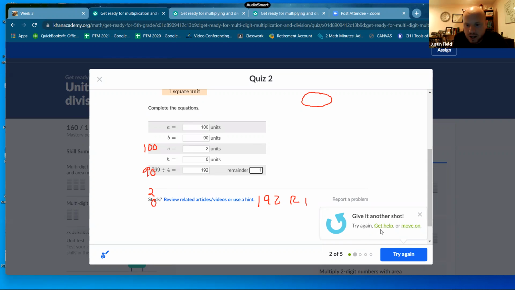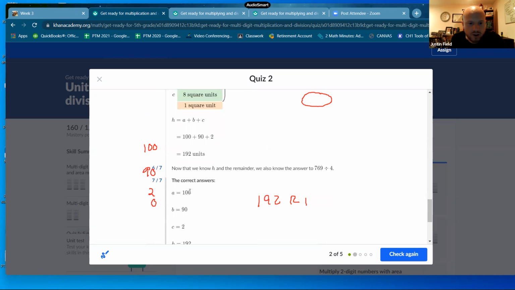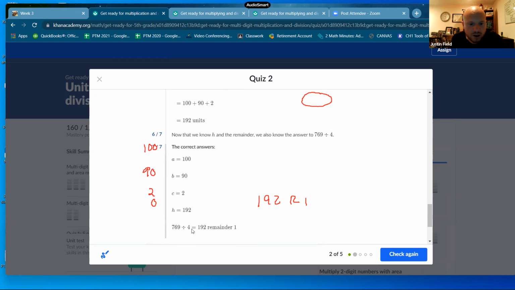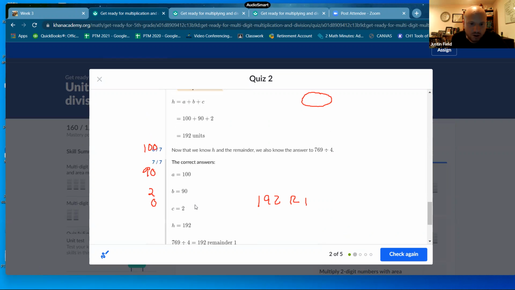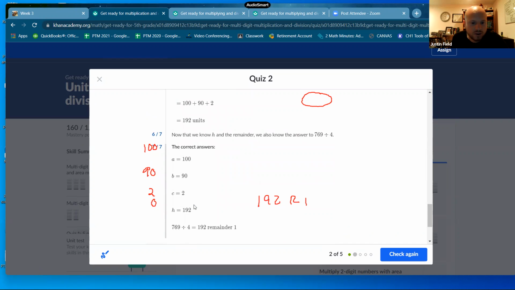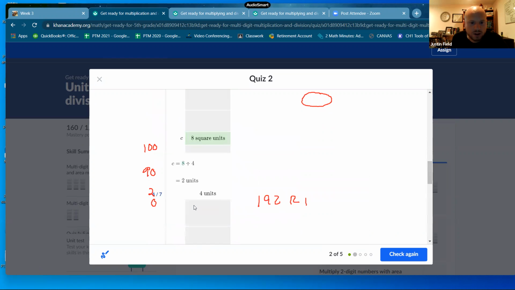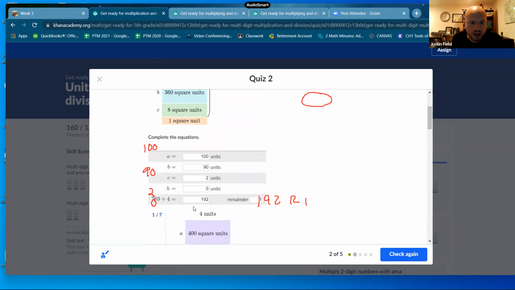What do we miss this time? Let's not be discouraged. Okay, we got the 100, the 90, the 2, and the H is 192. Oh, really? H is 192. Where's the H there?